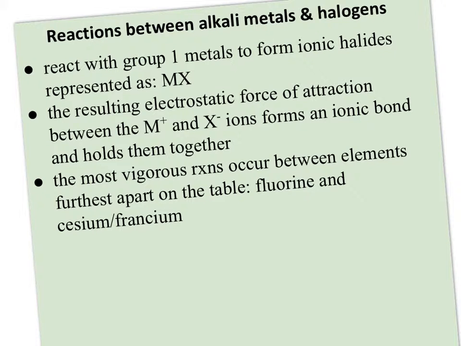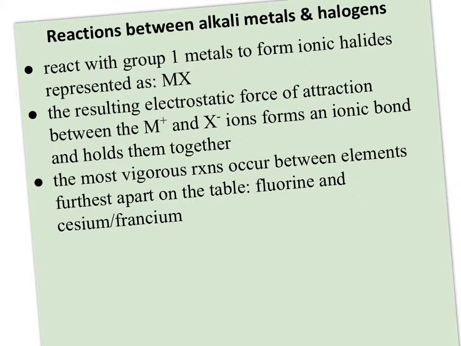So, logical question is, how do alkali metals and halogens react? Really easily. Halogens react quite easily with group 1 metals to form the generic MX, so NaCl, KCl, KF. It's always a 1-to-1 ratio.